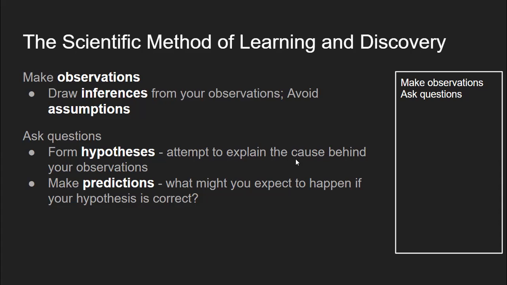Sometimes a lot of people learn that an if-then statement is a hypothesis, but you can write an if-then statement and have it just be a prediction and have it not be a hypothesis, because in order for it to be a hypothesis, it has to include that causal statement. It has to have something in there that says this is the cause of my observations.